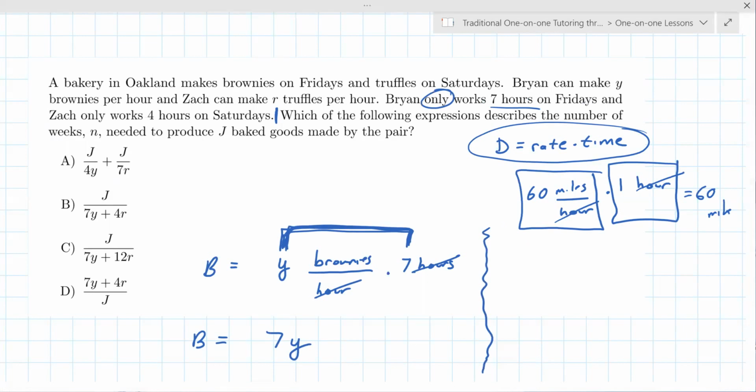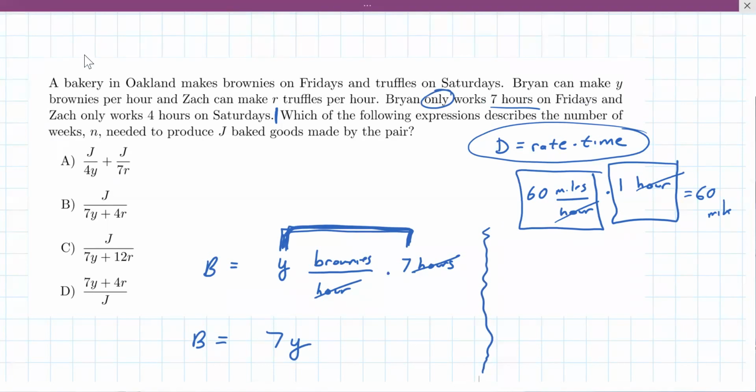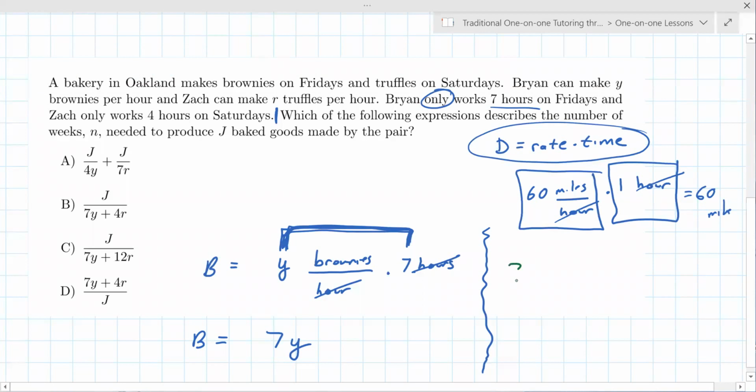Now let's see if we can do the same thing for Zach. I'll switch colors for Zach here. So what's going on with Zach? Zach makes R truffles per hour, and Zach works 4 hours. So what is Zach's total? 4R.